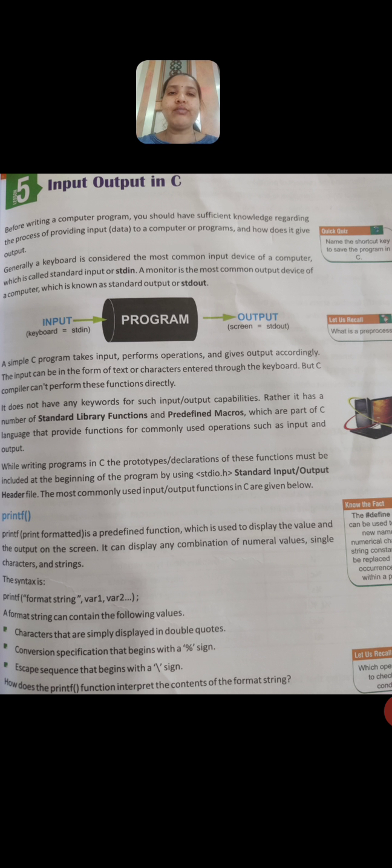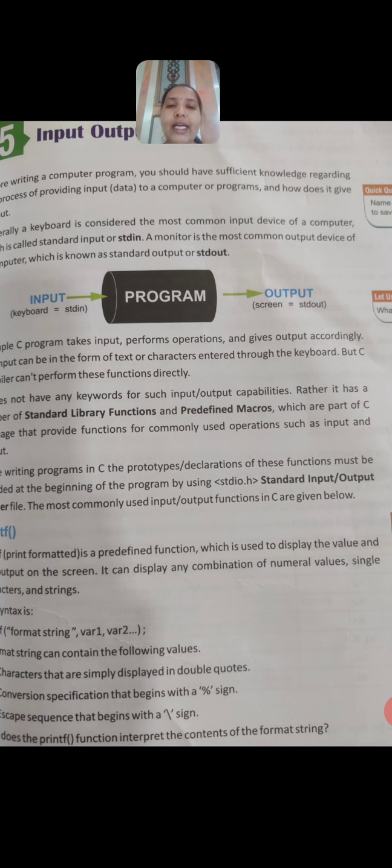And once we have written the program, we get the answer on the screen of the monitor, that is output. That is the explanation of that image. There are some standard library functions and predefined macros we use to write a C program.